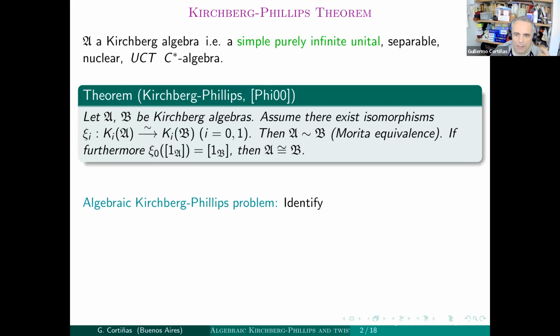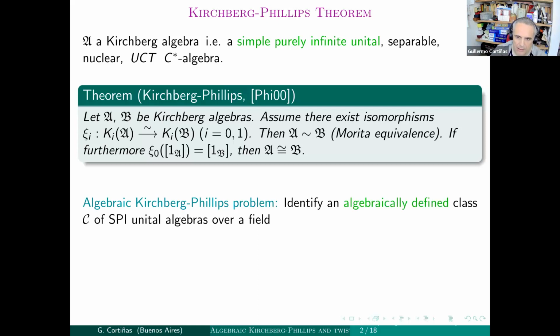Now, the Kirchberg-Phillips theorem is not stated for all simple, purely infinite unital C*-algebras, but for those that satisfy additional conditions. Likewise, one would like to identify some algebraically defined class, say C, of simple, purely infinite unital algebras over a field.